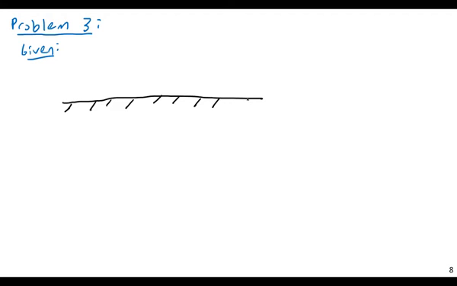Okay, let's see. How might I describe this? I'm trying to think of a way to quickly draw this. Essentially what I have is this cart here, and it has some tires or wheels.